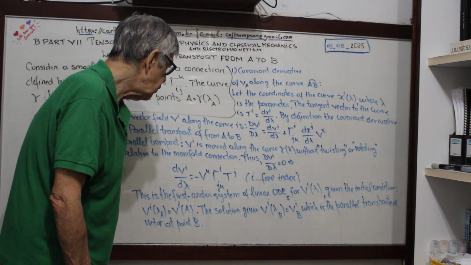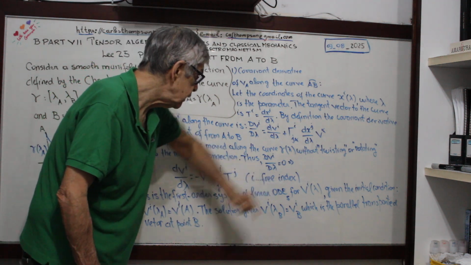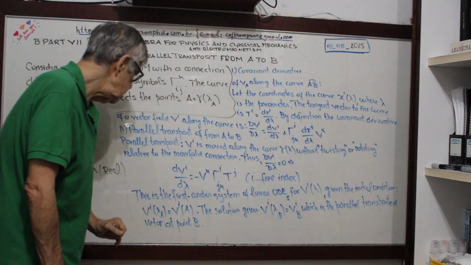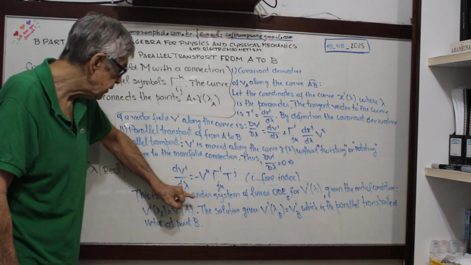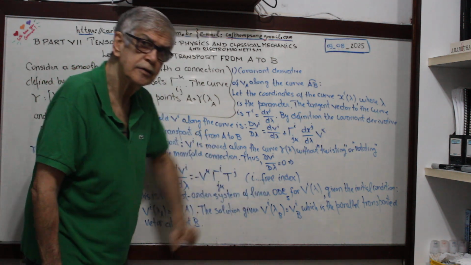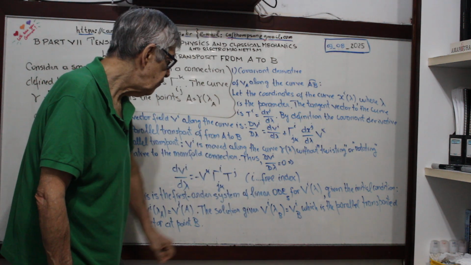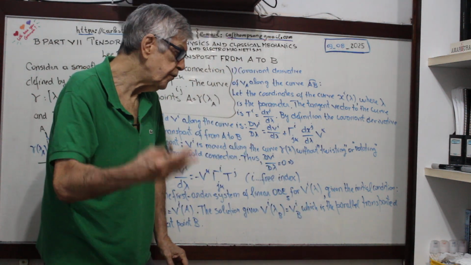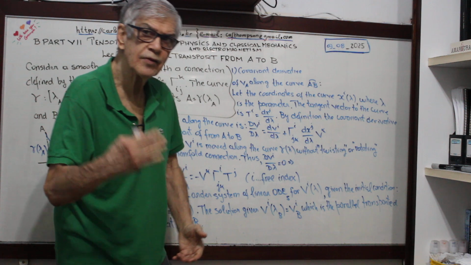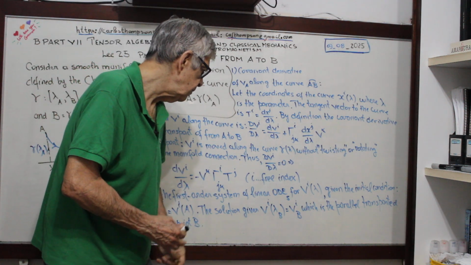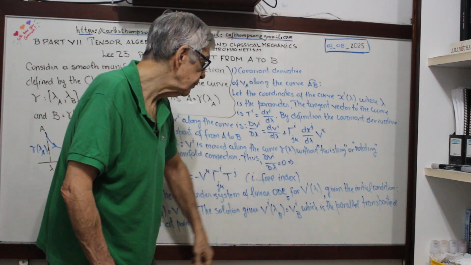Again, I is a free index, that's important here. This is a first order system of linear ordinary differential equations for VI of lambda. Again, I is free, that's why you have a system of ordinary differential equations.